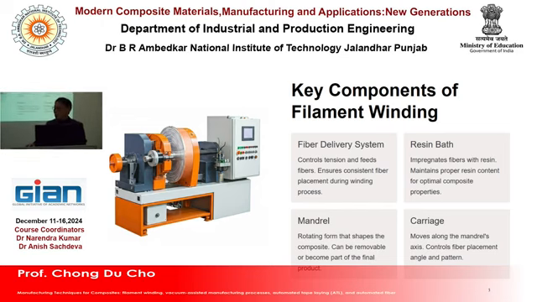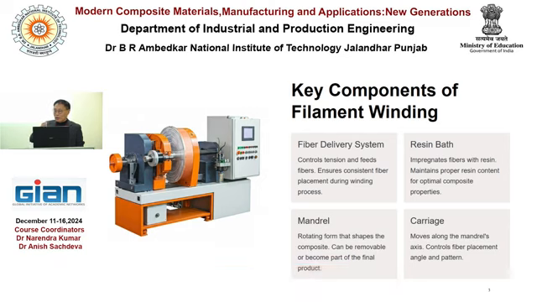The resin bath is needed to impregnate the fibers before winding, and the mandrel is just a base to be wound, and the carriage is there because the machine head must move along.